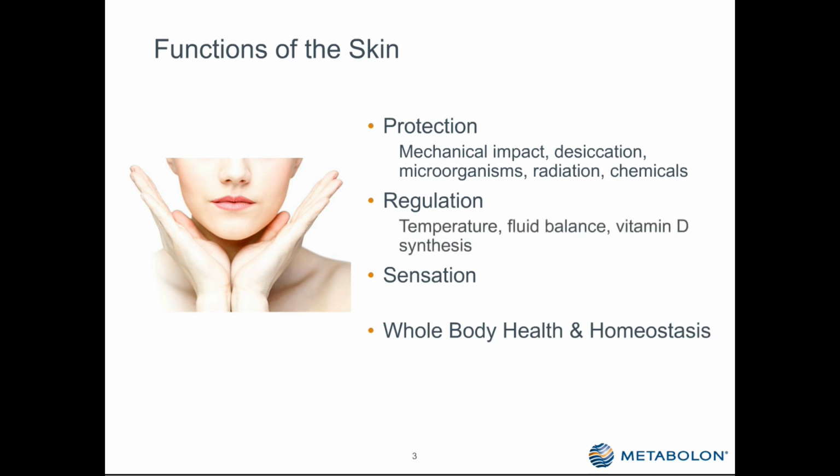As an organ of regulation, the skin can regulate body fluid or temperature via hair and sweat, and skin also serves as a reservoir for vitamin D synthesis. And as an organ of sensation, the skin has a very complex network of nerves that allow us to feel the environment, including the heat, cold, touch, and pain. And since the skin can excrete, absorb, produce, and store metabolites, the skin can also reflect the whole body homeostasis.